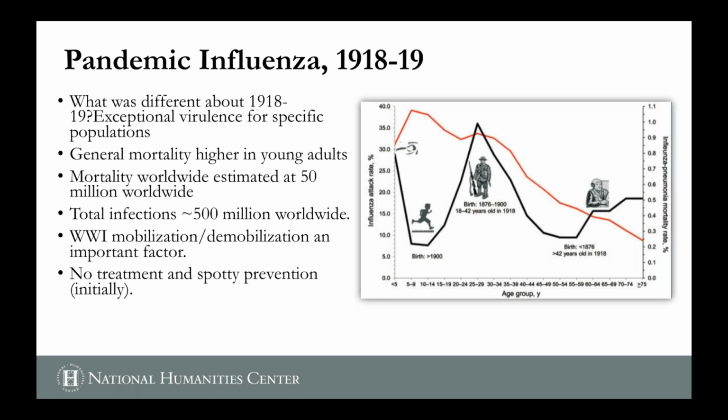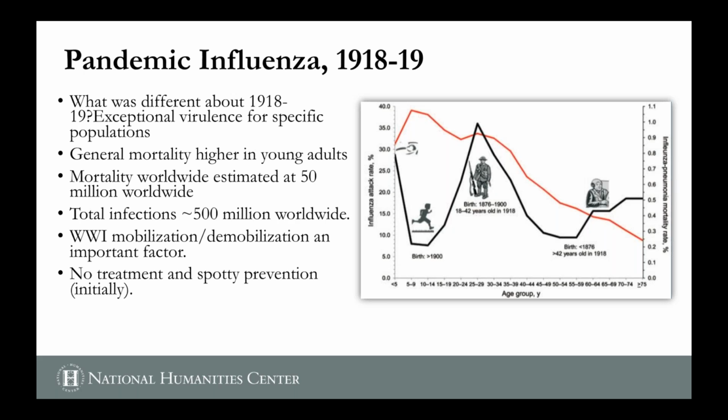This is not at all what we are seeing right now with COVID-19. The influenza pandemic also moved really fast, in a way that is also not representative of the way we're thinking about mortality with COVID-19.